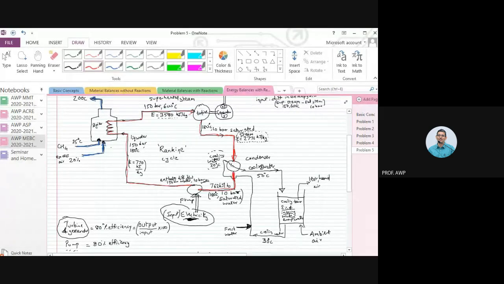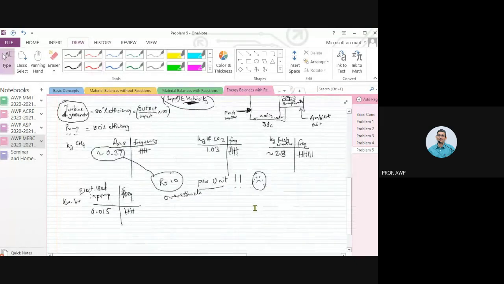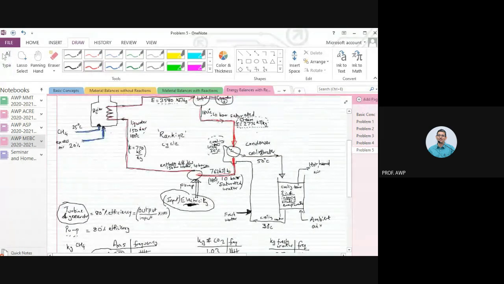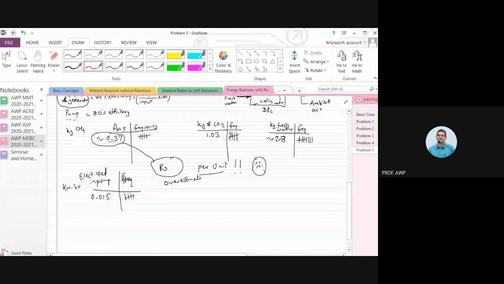We would have required less cooling water and we could have been better in terms of this cost. The amount of fuel used would have been lesser because we are using this heat along with this 10 bar saturated steam partly to preheat these gases. So we would have used less methane and therefore the cost would have been lesser.